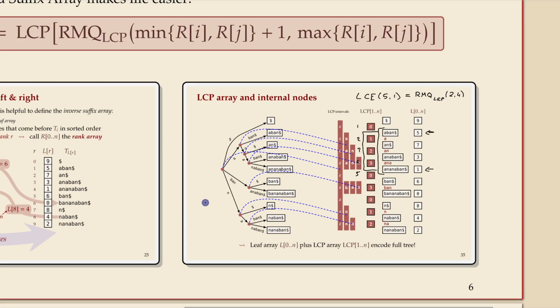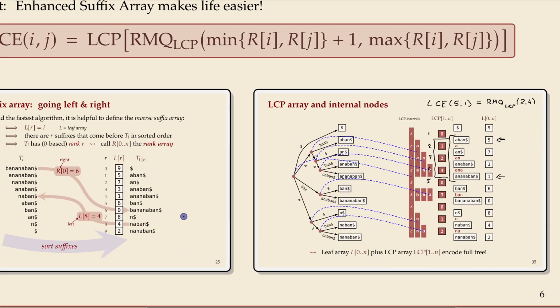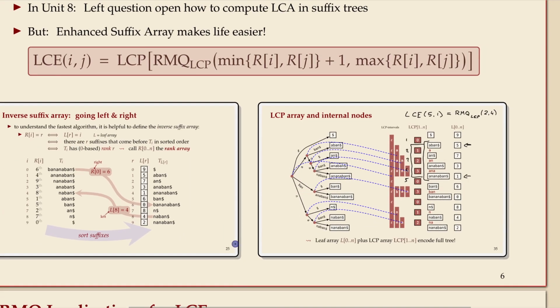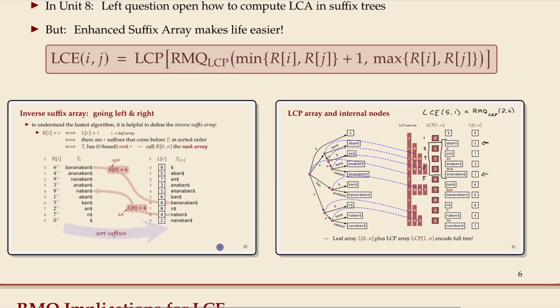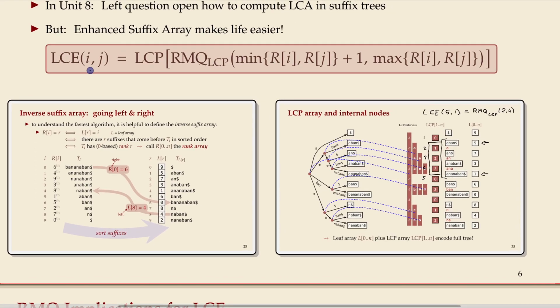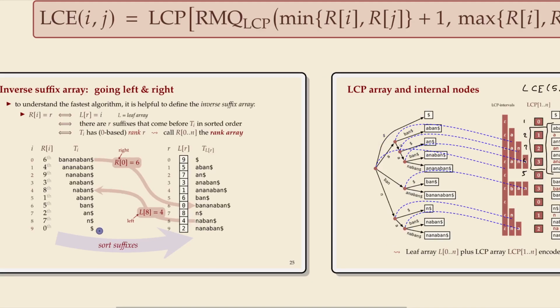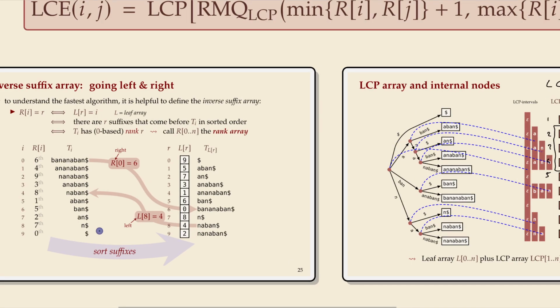And that connection is general. So if you want to express this in the general case, what you get if you have two starting indices of the suffixes, the starting index is not the position in this list, that's the number in here. So the first step, that's why that slide is here, is to translate from starting index to the position in the sorted list. That's the rank array.